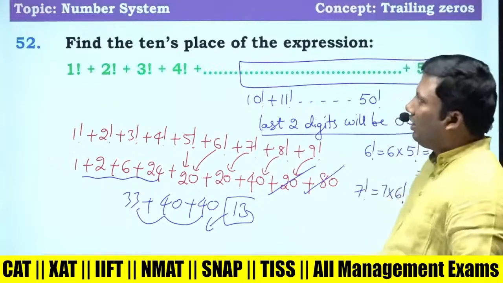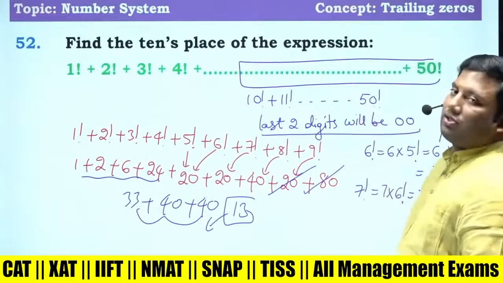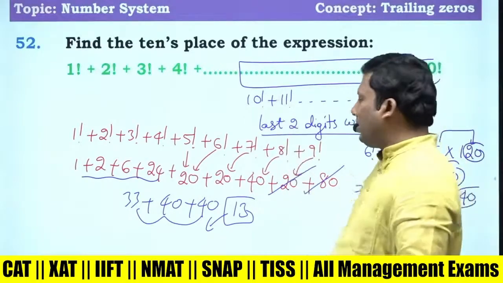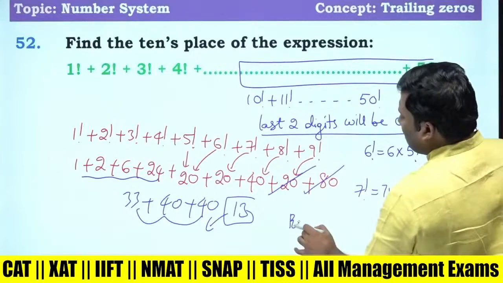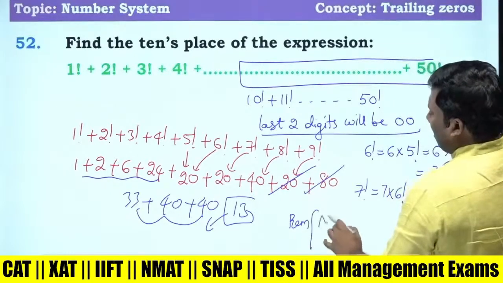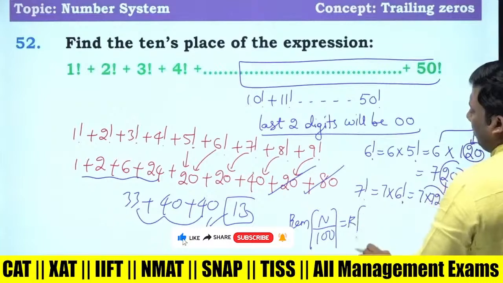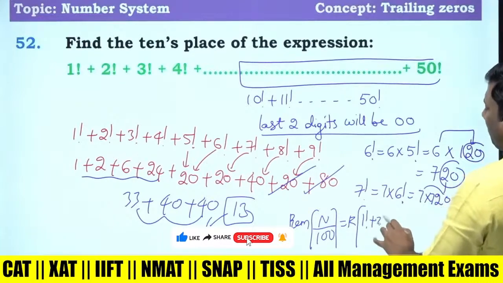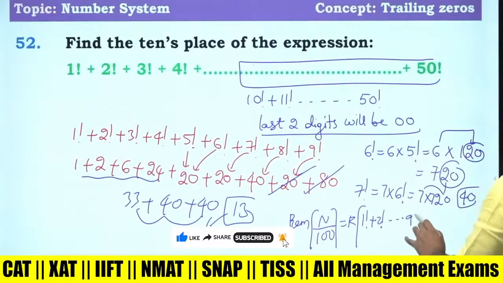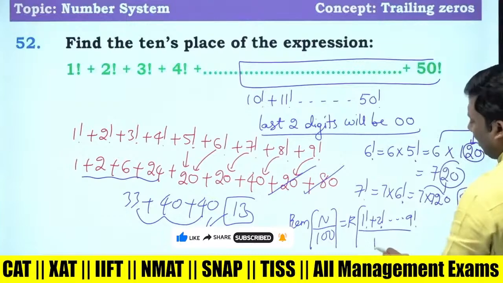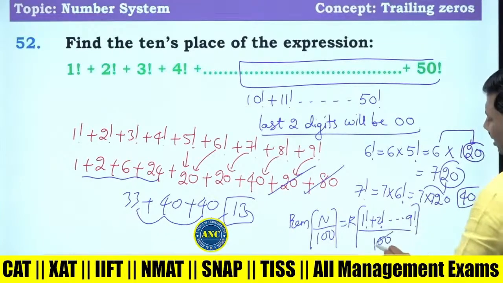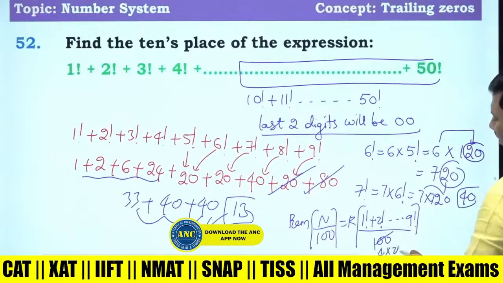Idea, it is clear? So, answer will be 13. Or another way to look at this question is, if you want the tens place, divide this number by 100. So, this will be 1 factorial plus 2 factorial and so on up to 9 factorial divided by 100. 100 is 4 into 25.